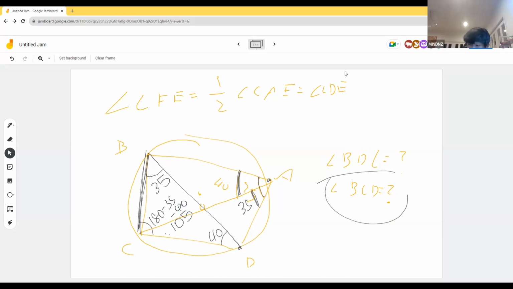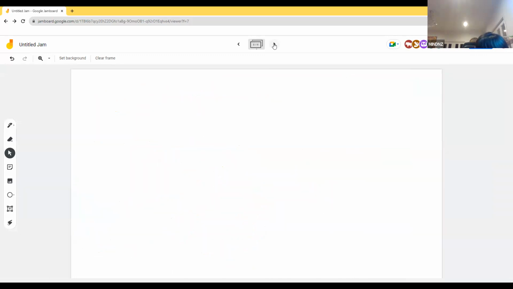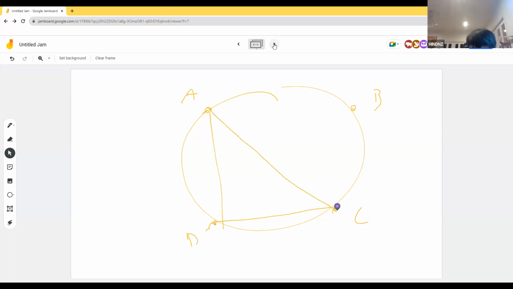Yep, perfect. Okay, so we'll move on to slide 8. Here we have A, B, C, and D. Alright, the inscribed angle theorem states that for any 2 points, for example C and D, for any other point, like A or B, the angles are equal.